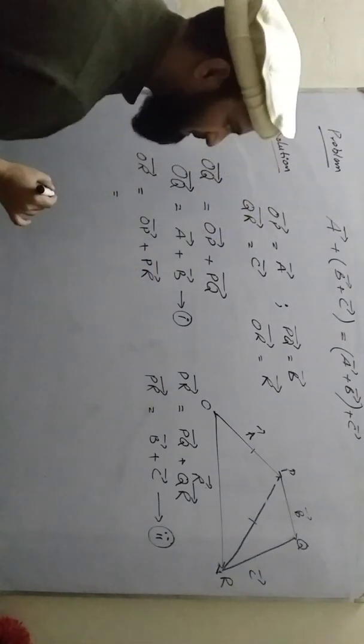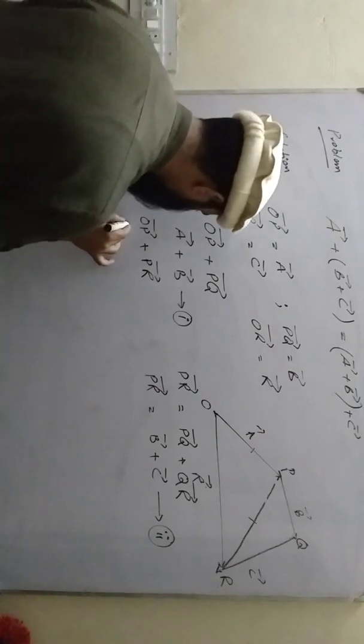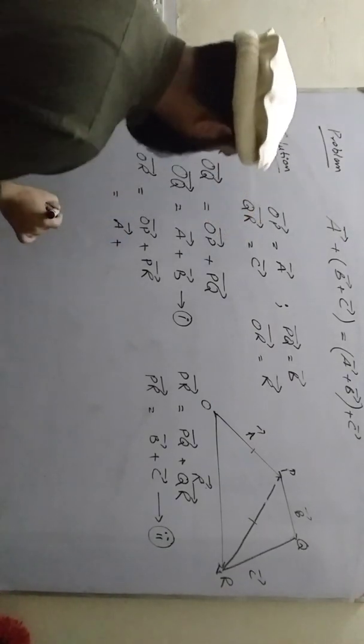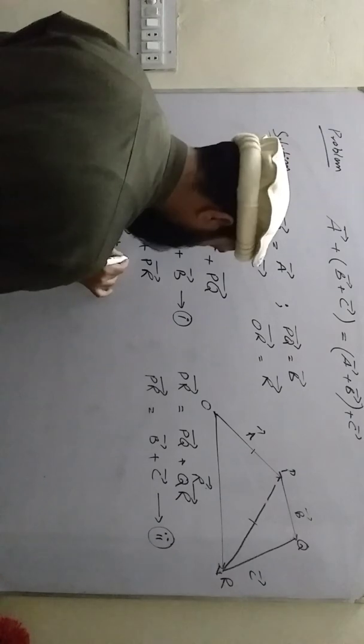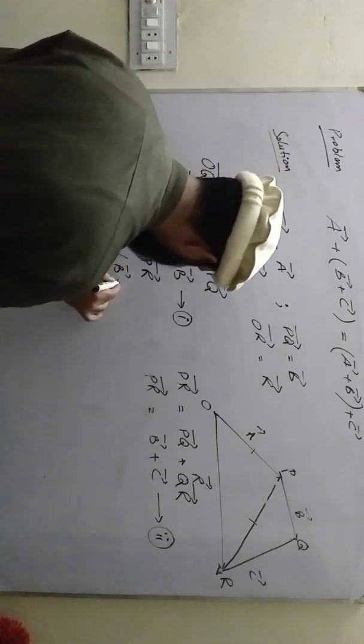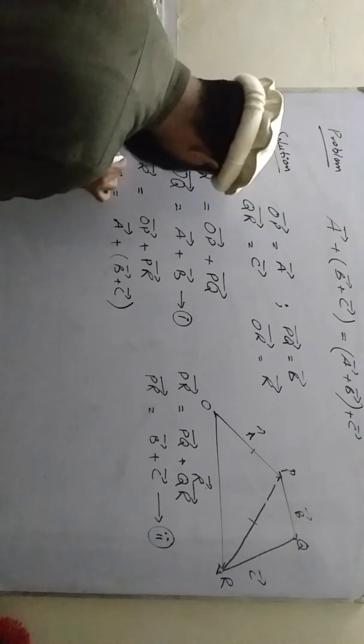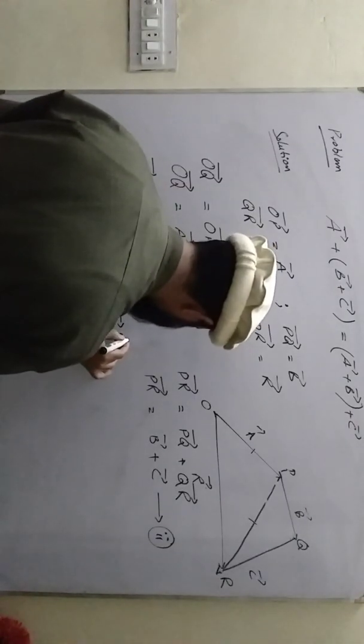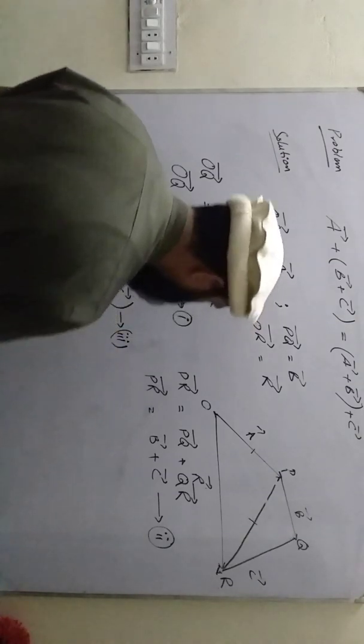Where OP is the vector A and PR from equation number 2 is the sum of B plus C. This is equation number 3.